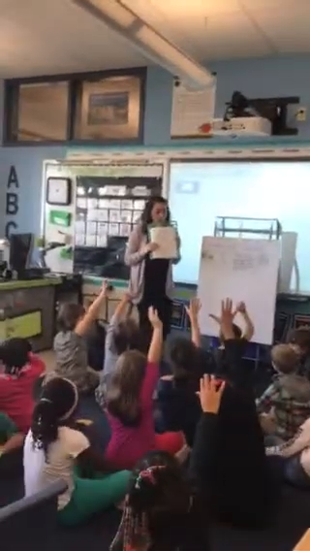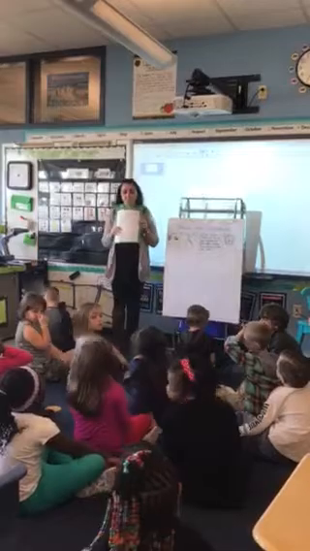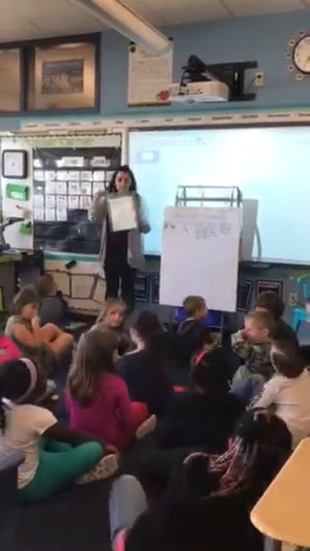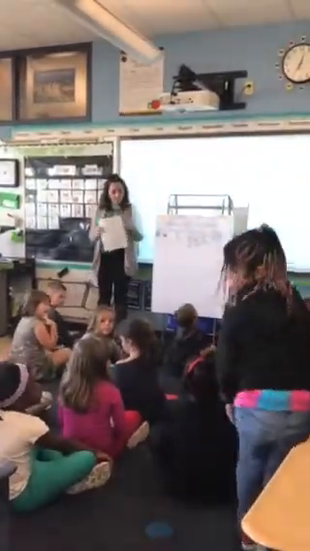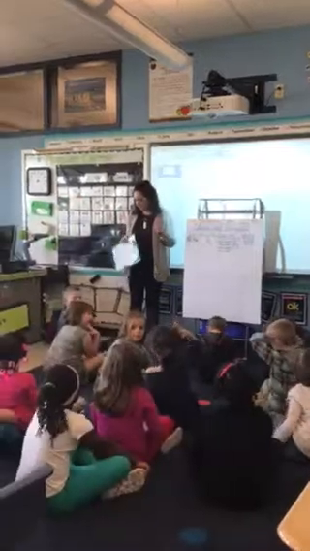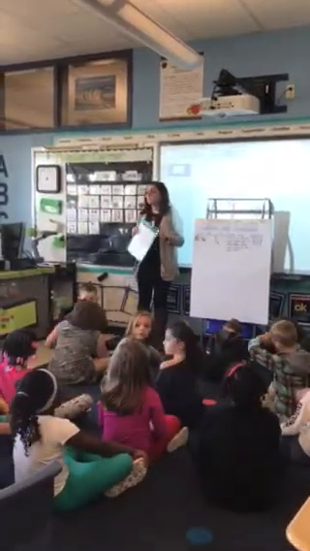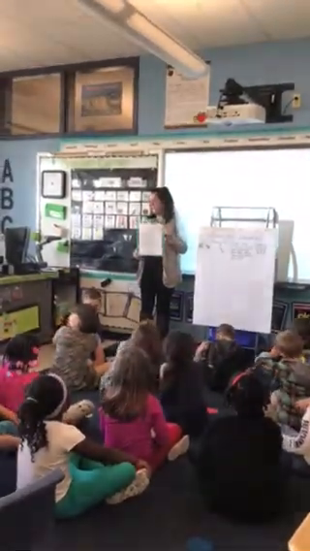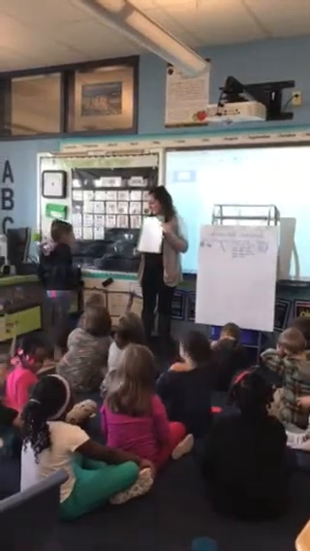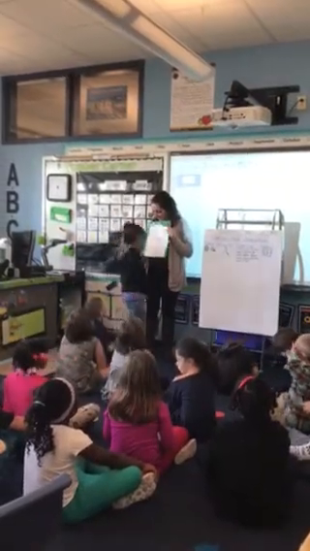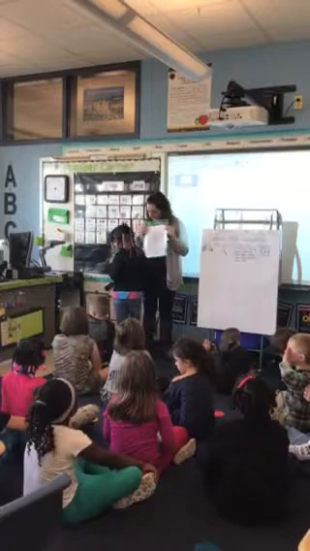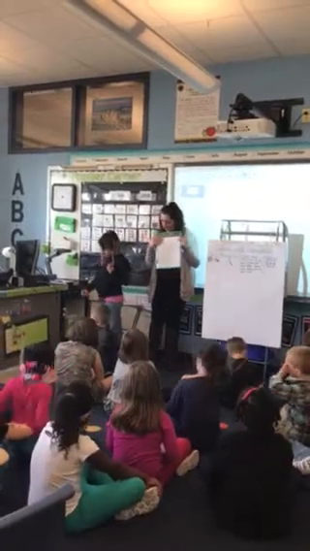Last but not least, I have my hexagons. I'm looking for a super duper star student. Madison. Come on up. Madison, how many hexagons did I have? You don't know, you can look at the chart. How many hexagons did I have? 2.